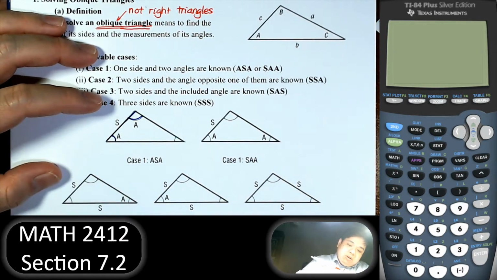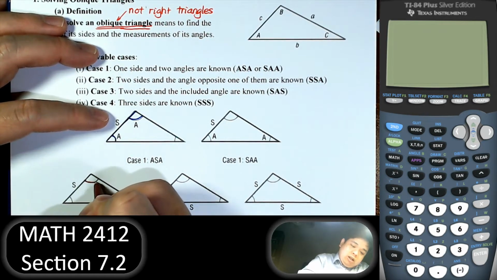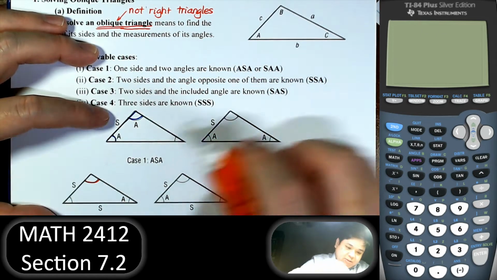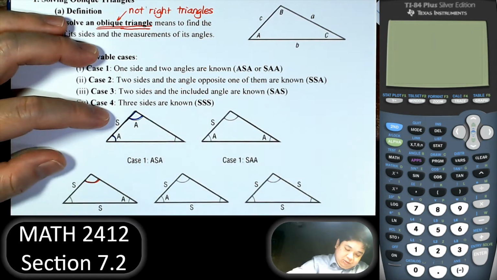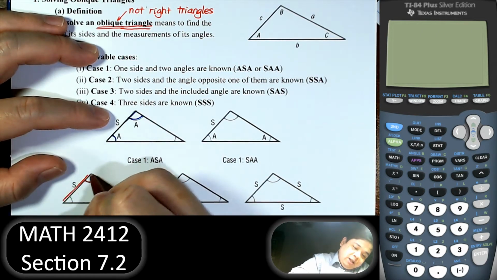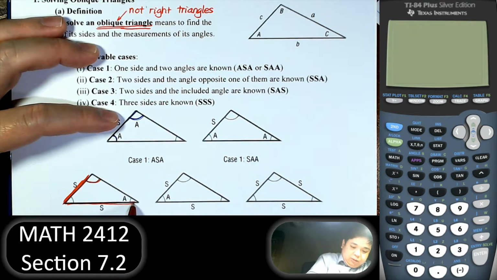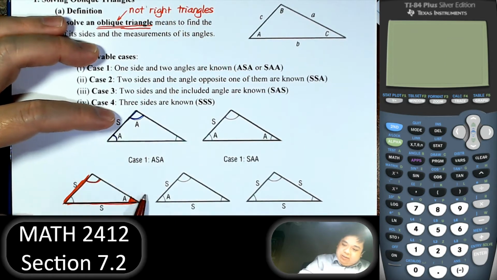So in these scenarios we have two sides, and we know this angle. We don't know that one.